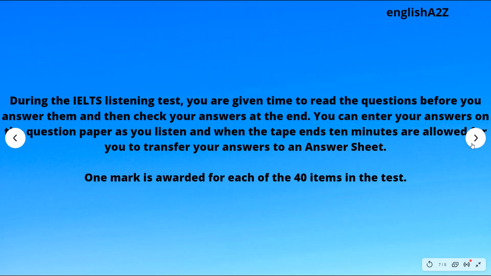During the test, you'll be given time to read questions before you answer them, and then check your answers at the end. So it's simple. Read the questions and then listen for the answers. As long as you understand the question, the answers will be told to you by the person talking.